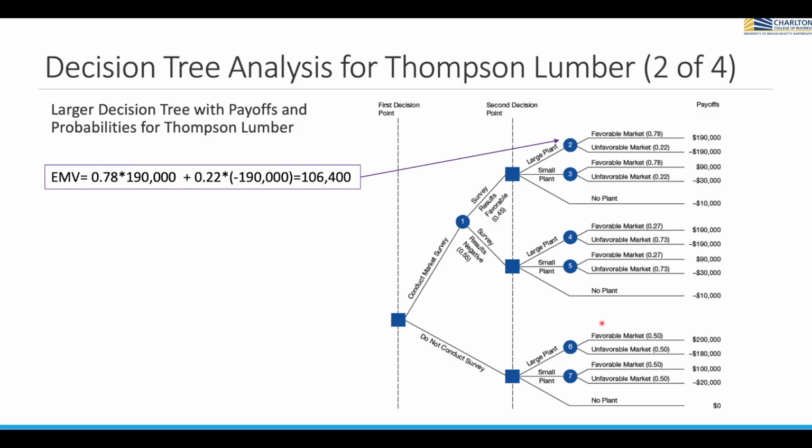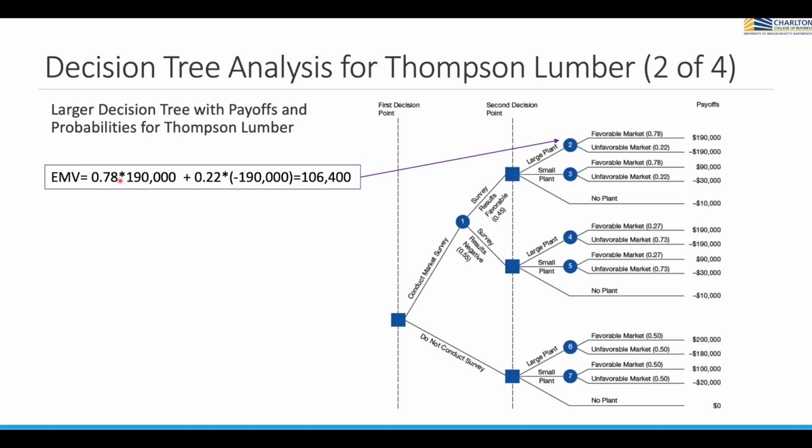For example, the expected monetary value for node 2 is when the company decides to go for a large plant, knowing that the survey result is favorable. There is a 78% chance that they gain $190,000, and if the market is unfavorable, 22% of the time, then there is a 22% chance they lose $190,000.